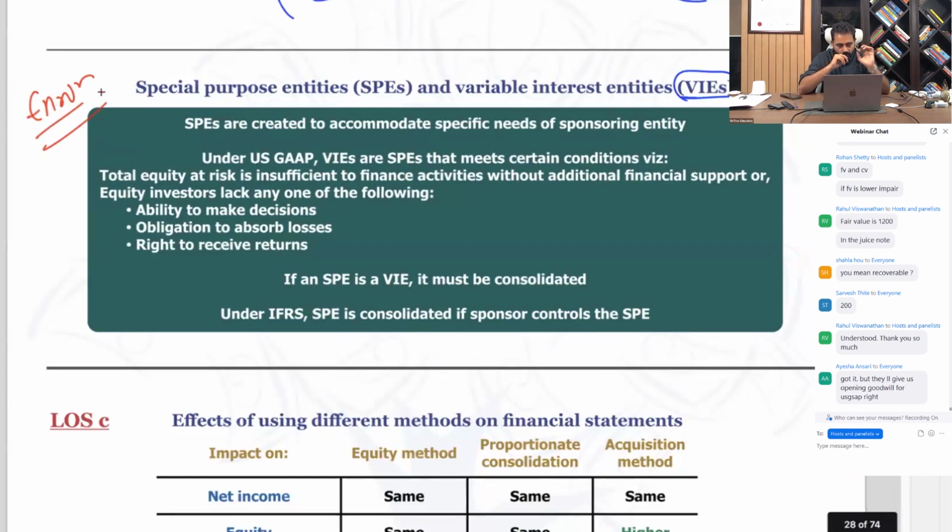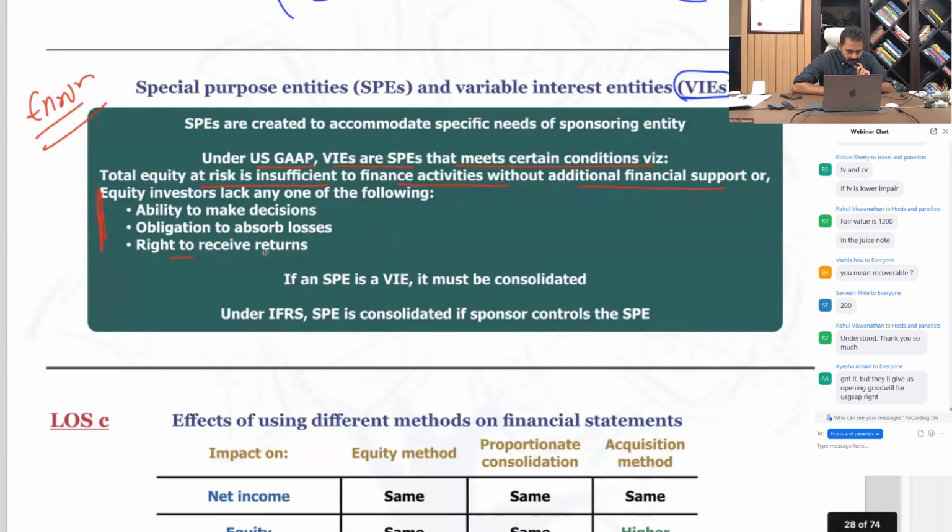So here is how you want to think about it. Under US GAAP, VIEs are SPEs that meet certain business conditions. What are the business conditions? Total at-risk equity is insufficient to finance activities without additional financial support, or equity investors lack any one of the following: ability to make decisions, absorb losses, right to receive returns.